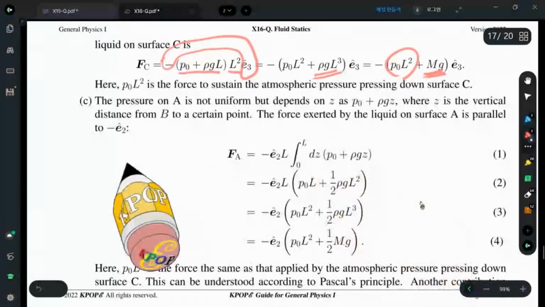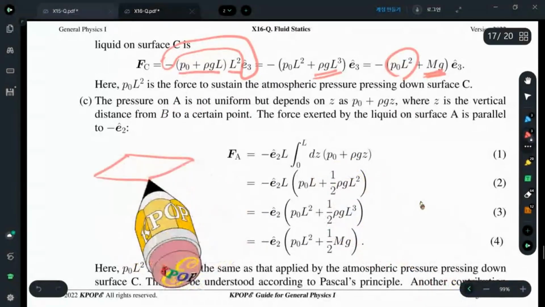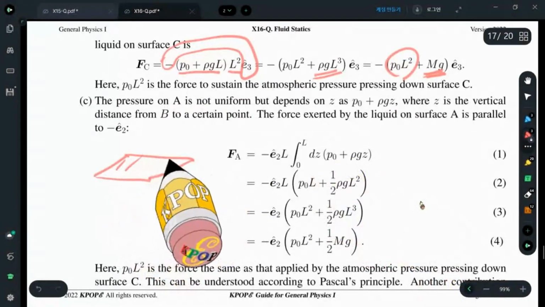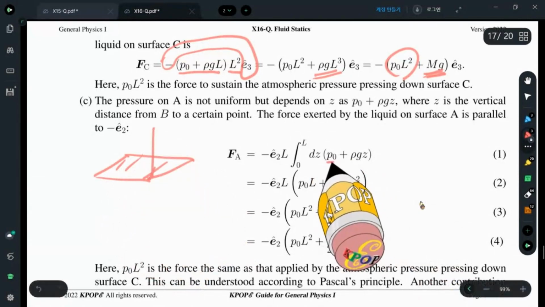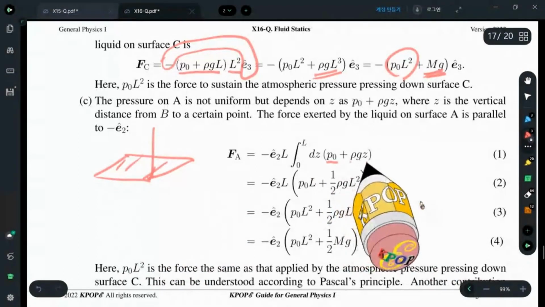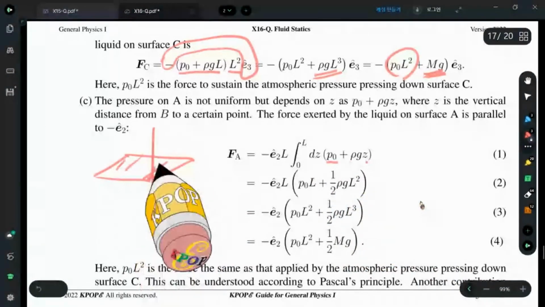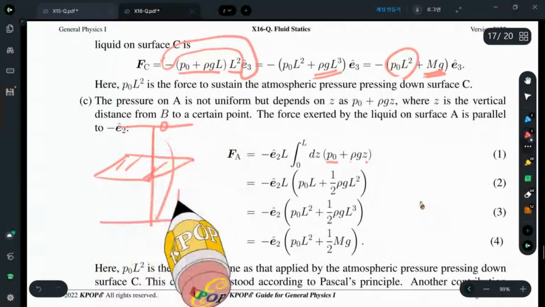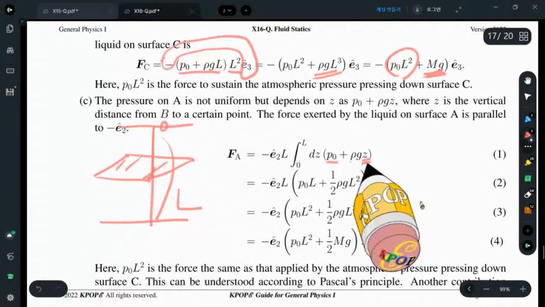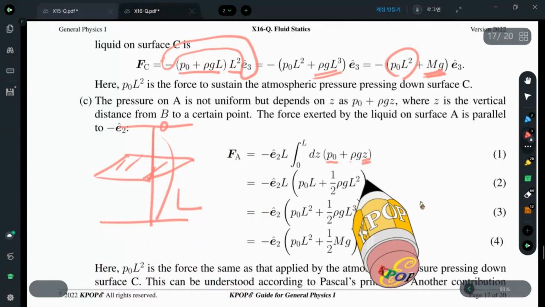And because the pressure is the same at every level, every depth, it has P0 plus rho G z, and that z varies from 0 to L. So we need to evaluate this integral.